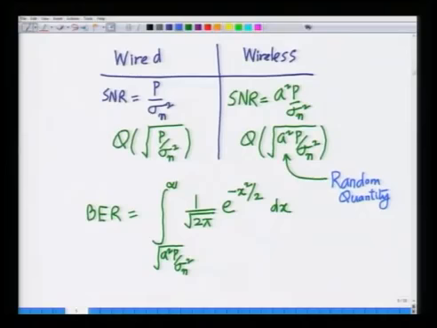Hence, it is a random quantity. In fact, we said this random variable has a Rayleigh distribution, which means this bit error rate is going to be a function of this random gain of the Rayleigh fading channel. Hence, to get the average performance of this Rayleigh fading channel, I have to take this bit error rate, which is a function of this random quantity, and average it over the distribution of that random variable.